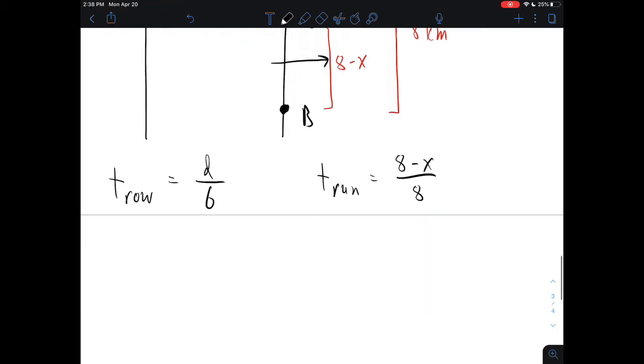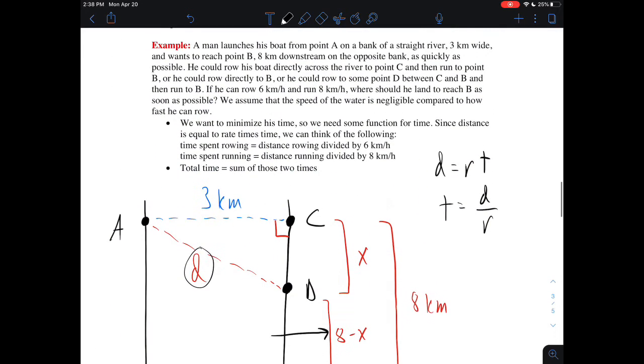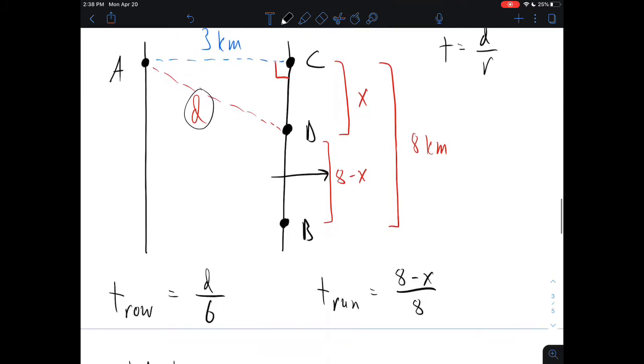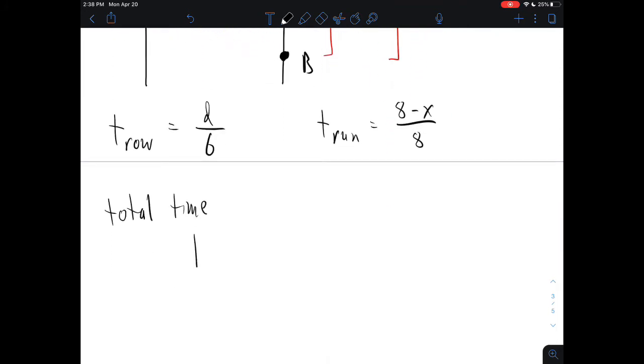So then the total time spent doing this whole exercise activity would be the sum of those 2 times that I just wrote down. So I'll say t for time is equal to, and I'm actually going to use a capital T for time, is equal to d over 6 plus 8 minus x divided by 8.